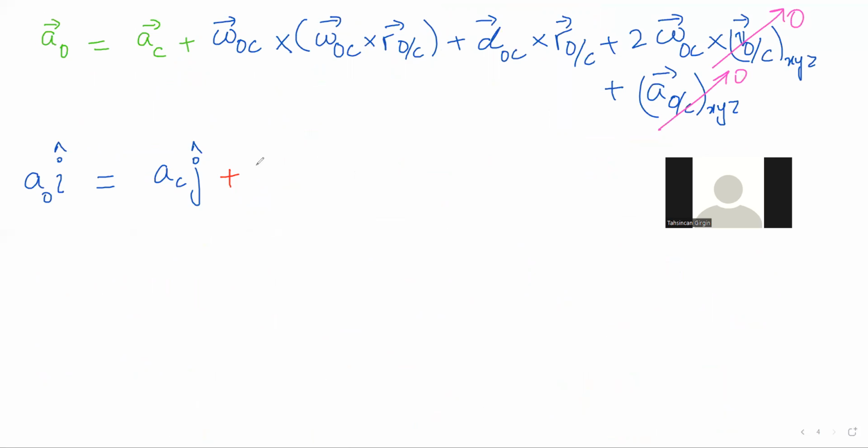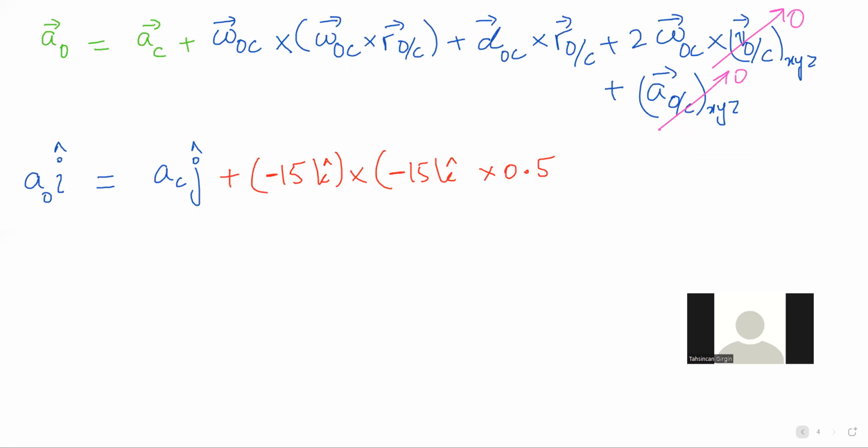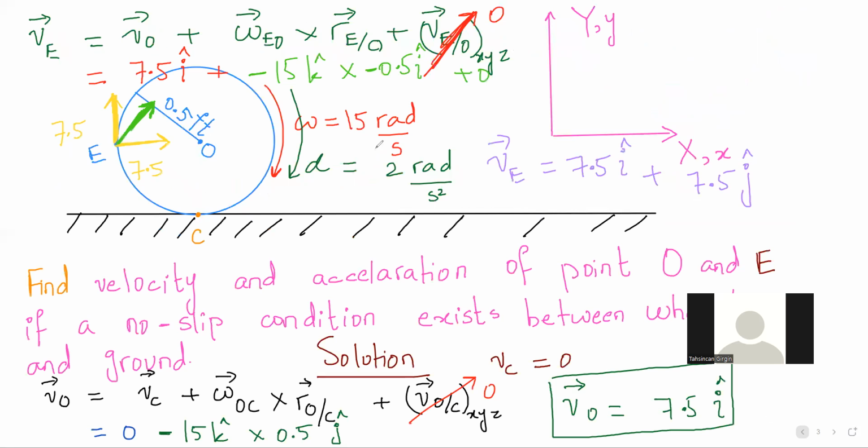Plus, what is omega? Minus 15, right? Clockwise. Now there are many students who are getting confused by this, so I will remove the confusion by doing something at the end. Cross 0.5. What is the position vector of O with respect to C?